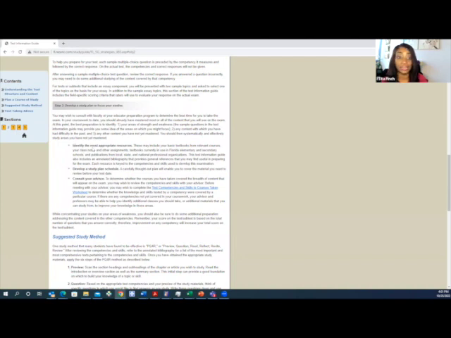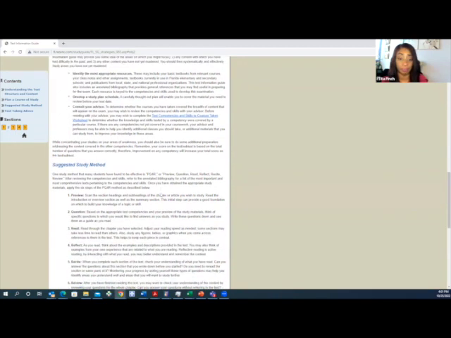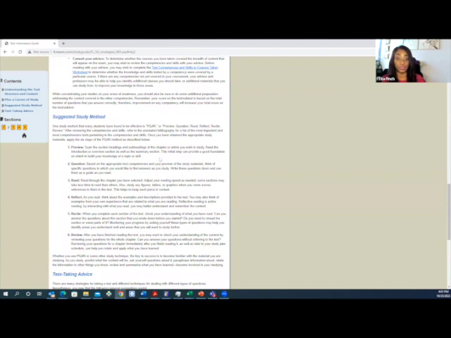We're going to identify the most appropriate resources. We've already started to do that. We're going to develop a study plan and a schedule. That's going to be important. You're also going to consult with any advisors that you may have right there on campus. You can speak with them if you're struggling with a certain competency. Maybe they have added resources they can help provide you with.